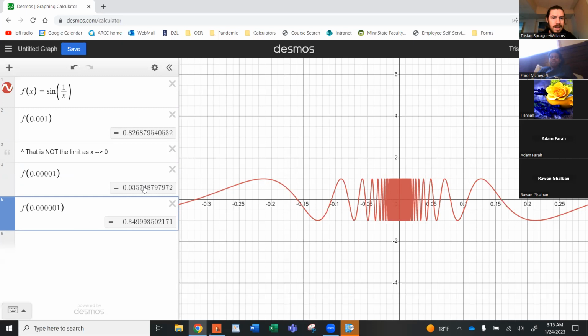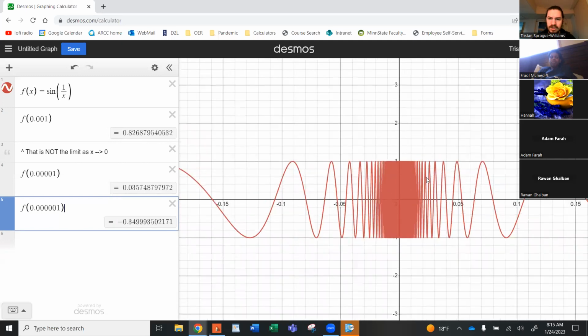And you get totally different things, right? There is no trend here. There's no pattern in what this is approaching. This is just randomly jumping around, and the reason is that it's doing this behavior called oscillating. So in fact, the limit does not exist.